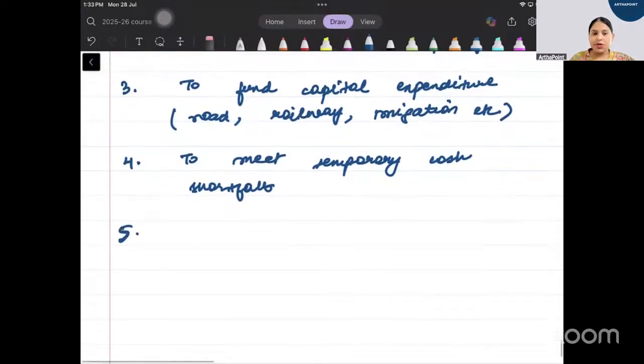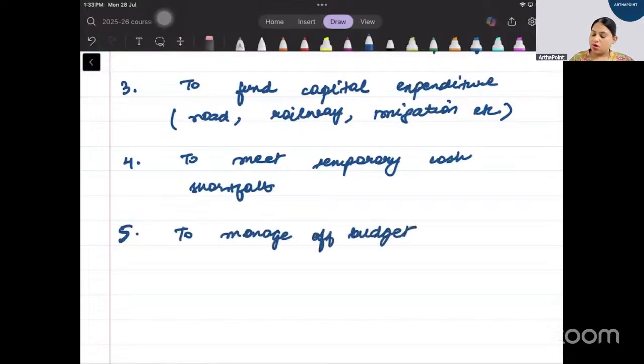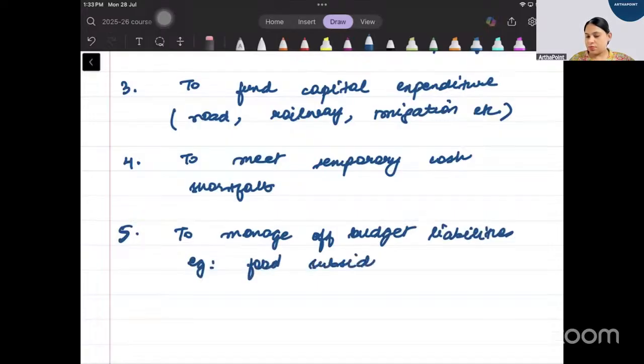Then to manage off budget liabilities. Example, food subsidy. So for example, I have a liability which is not this year's liability, right?